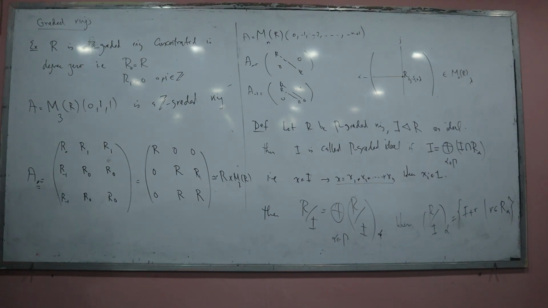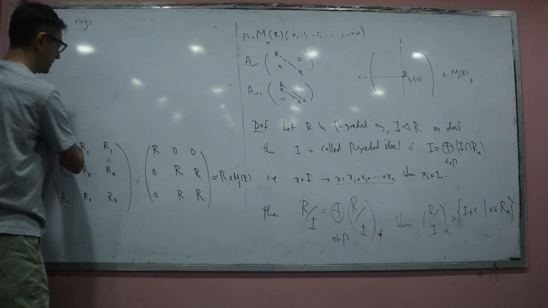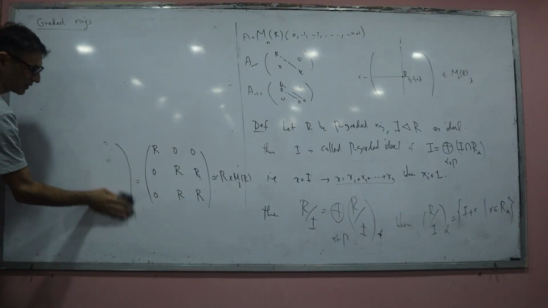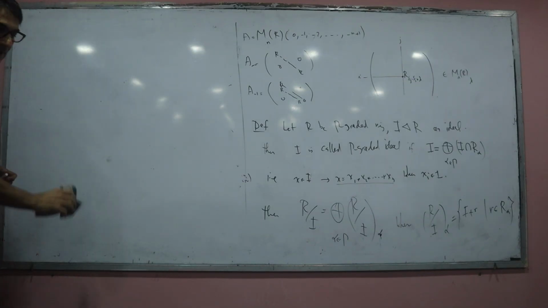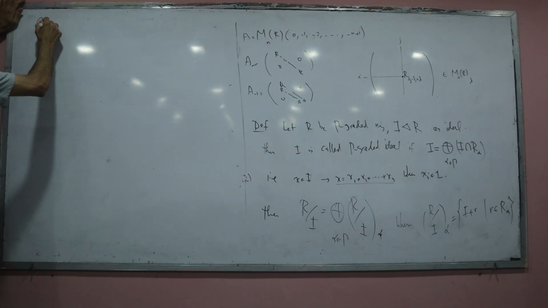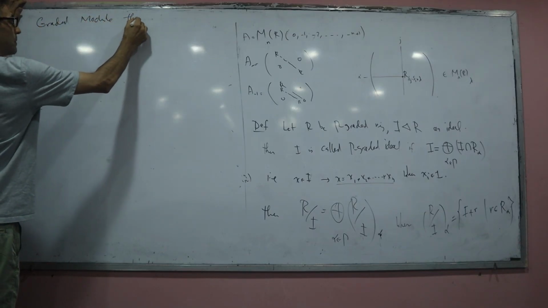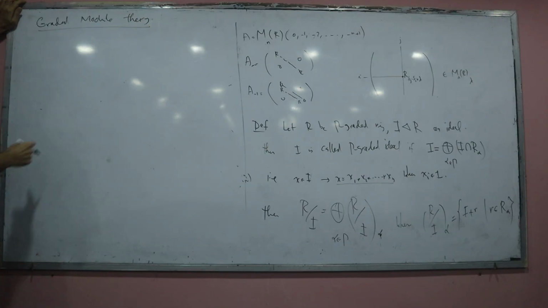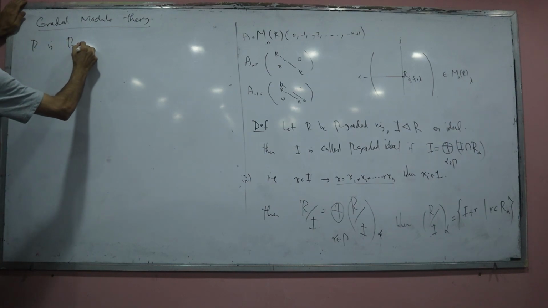Okay, now that's that. Now let me move on to the graded module theory. So bear with me another 15 minutes so that I cover the theory and we go to more interesting stuff. So now, as usual, R is a gamma graded ring.